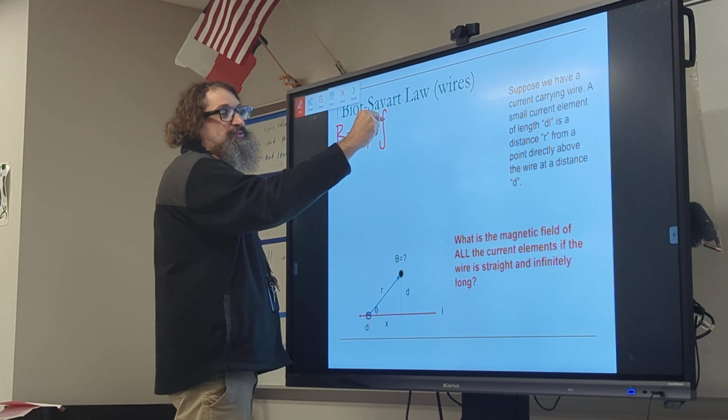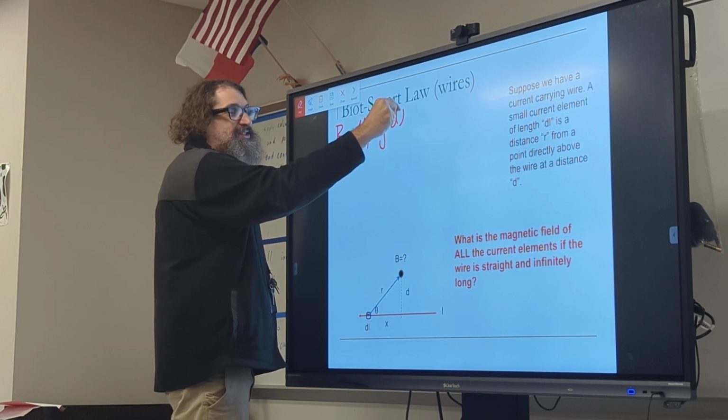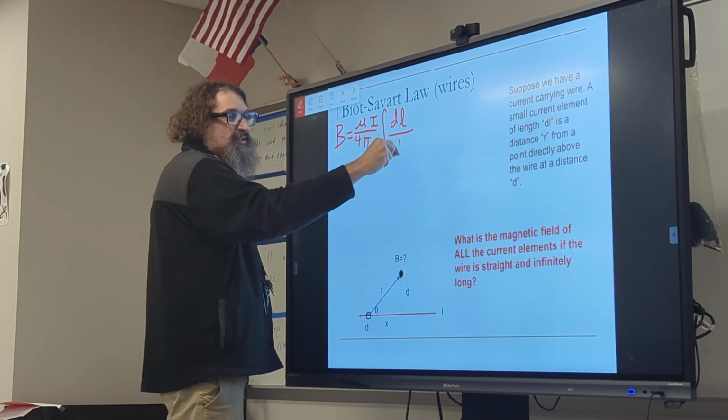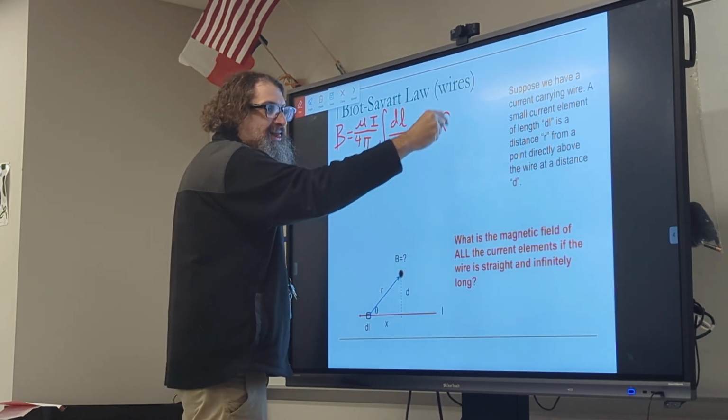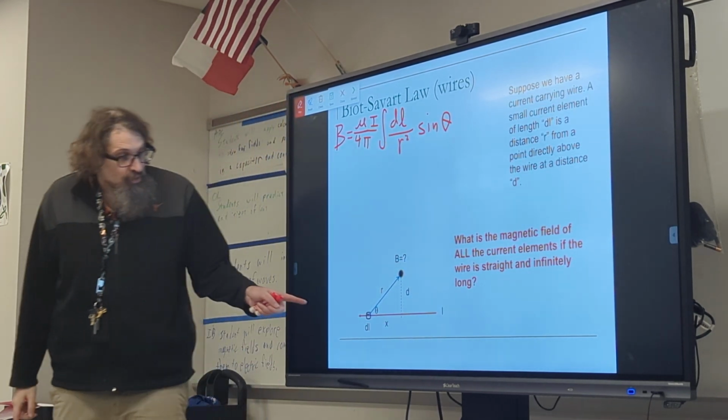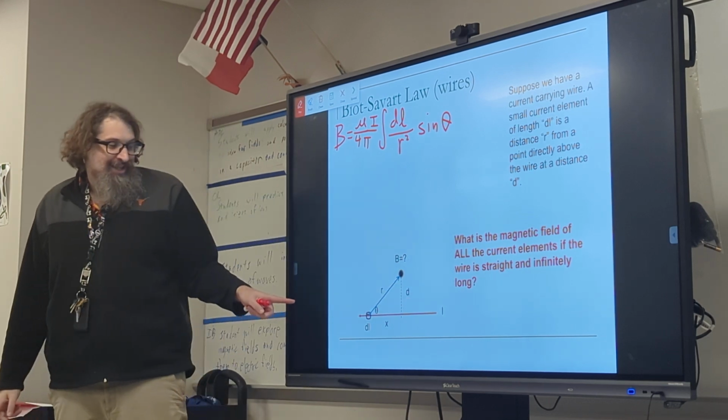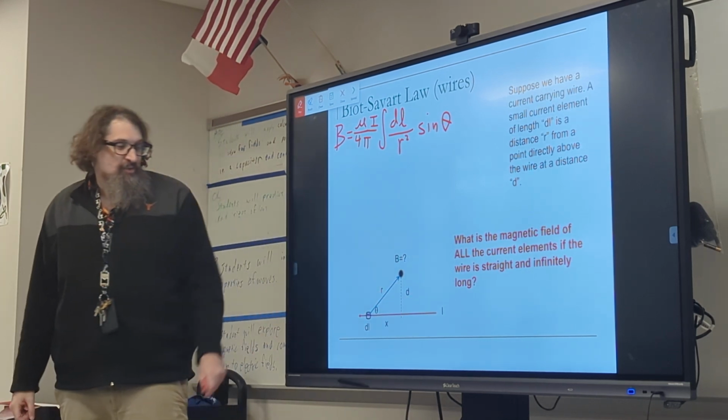And what we're going to be left with is a piece of dl over r squared with the sine of theta.